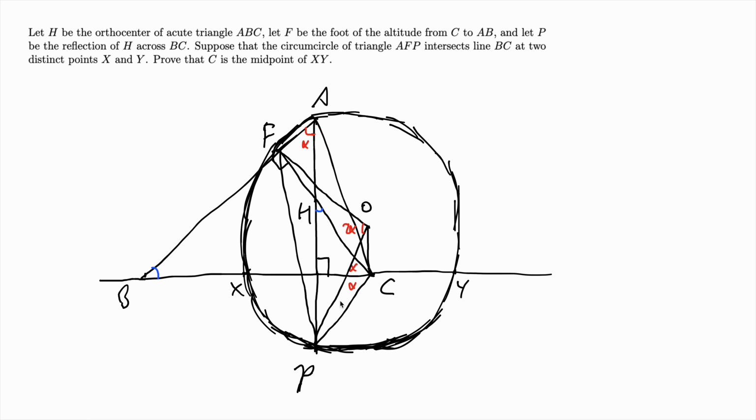Yes, we know that it is cyclic. What should we do from here? How do you prove that this angle, OCF, is equal to beta?